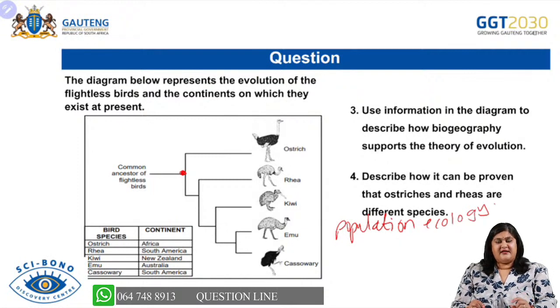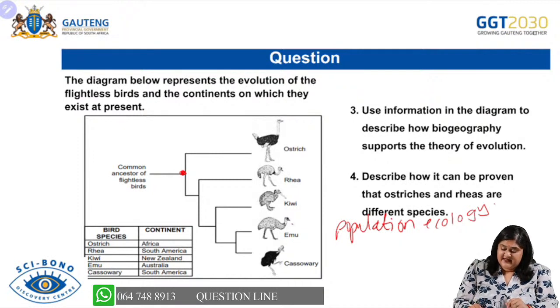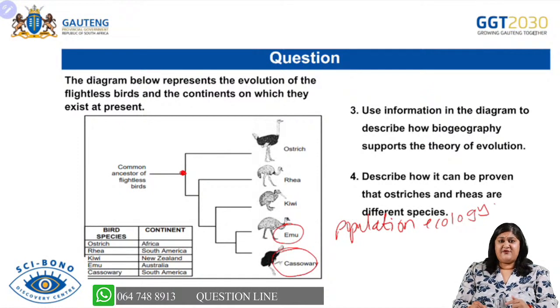One key word in the definition of a species is that they must be able to interbreed and produce fertile offspring. So the best way to check that these two are actually different is to give them an opportunity to interbreed. If they produce infertile offspring, or even if they can't, this will show that they are different species. Another way is to collect DNA information and analyze it, and then you will see that they are different species.